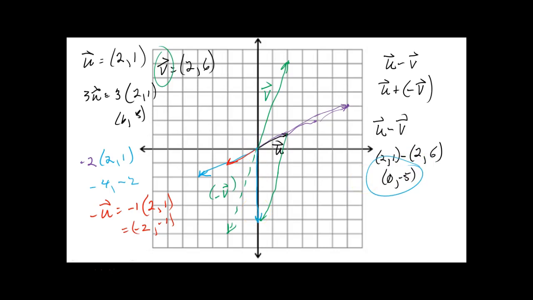Now, what they suggest, if you do u minus v, is to put them as co-initial vectors, and then go from the end of v to the end of u, and that would give you the same blue vector here, 0, negative 5. And sure enough, that's it.